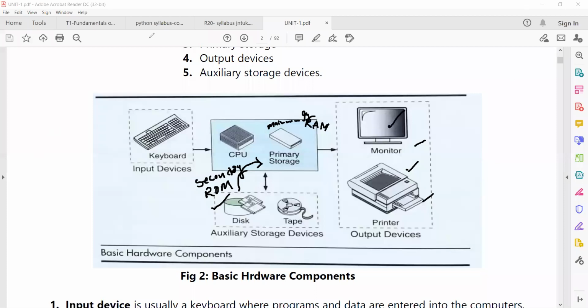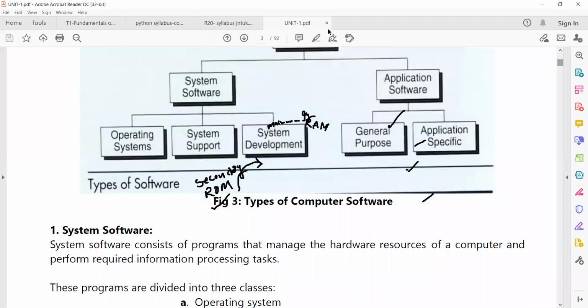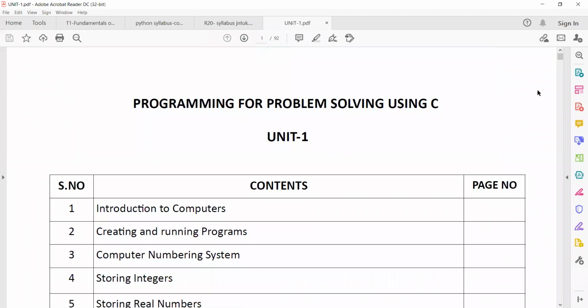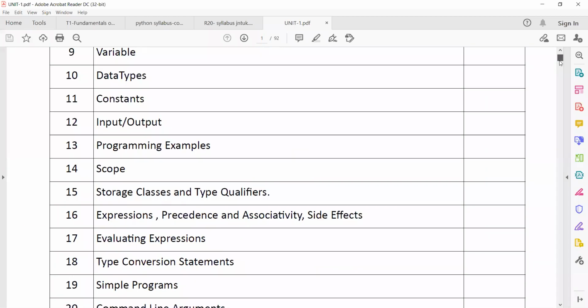And see the software components. Next of all, software. How many types of software exist? What is meant by software? Software is nothing but a collection of programs. Software can be divided into two types here: system software and application software.